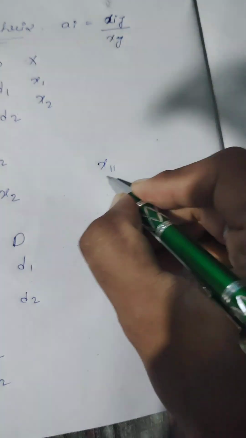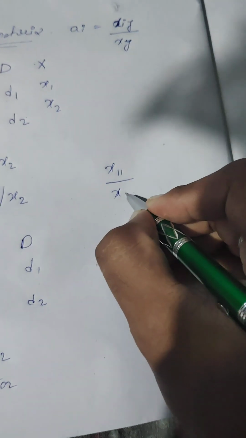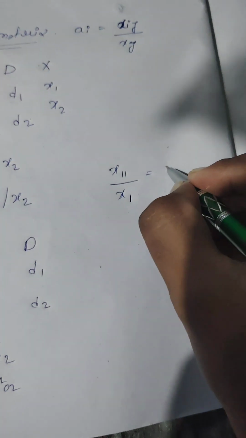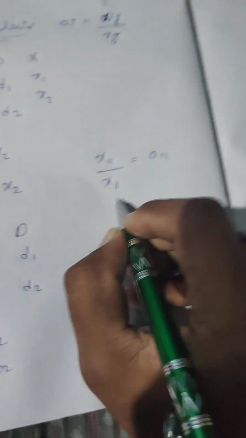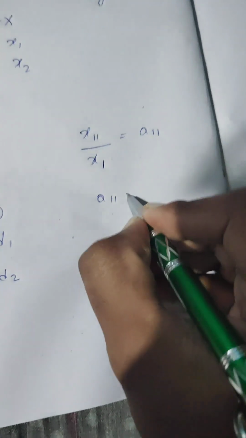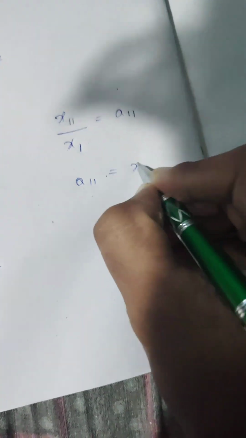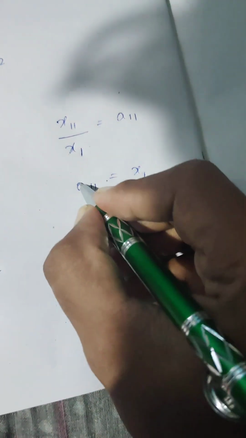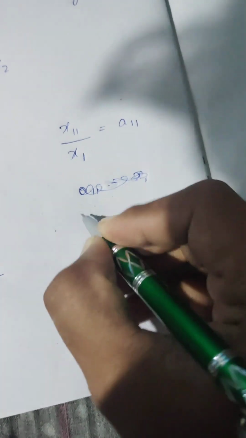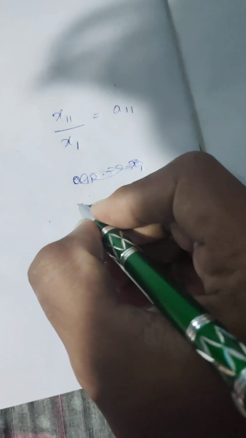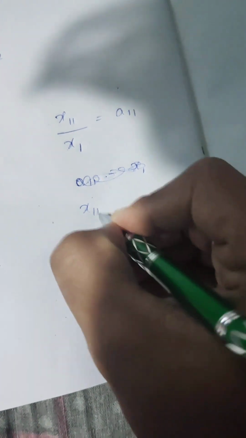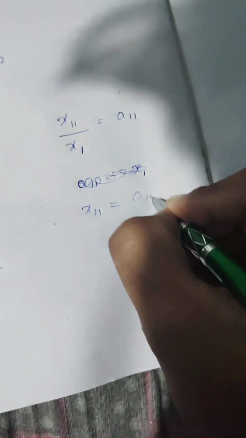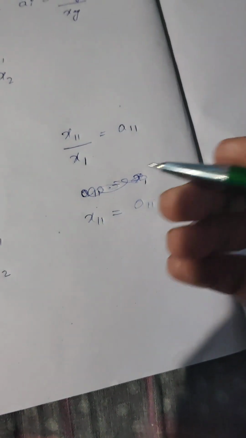X11 divided by X1 is equal to A11. So we will write X11 will be equal to A11 into X1.